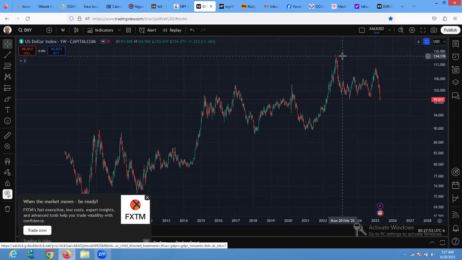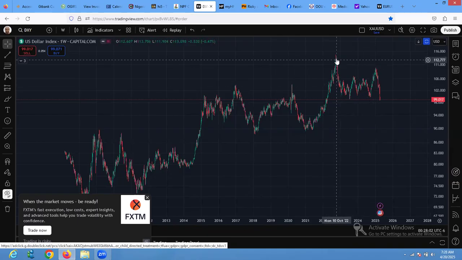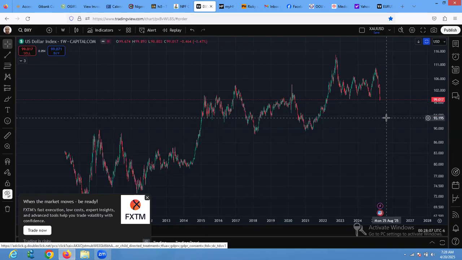And so if you are thinking of a corrective wave format, then we begin to look into the possibility of this being an A wave, a B wave, and a C wave to the downside.